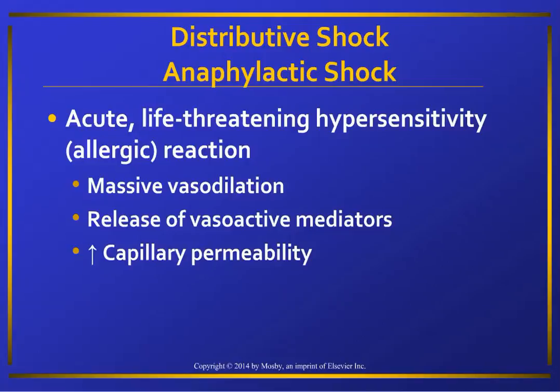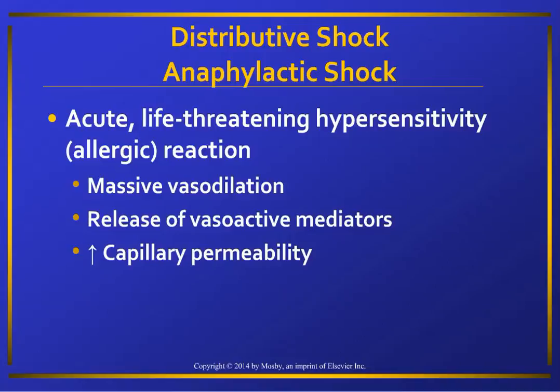As capillary permeability increases, fluid leaks from the vascular space into the interstitial space. Anaphylactic shock can lead to respiratory distress due to laryngeal edema or severe bronchospasm and circulatory failure from massive vasodilation.